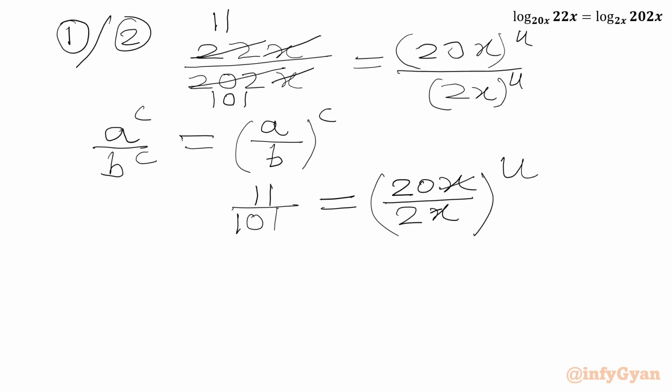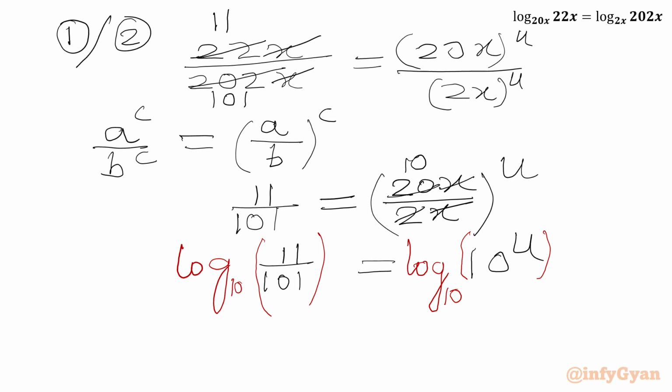Now x and x will cancel. 20 over 2 is 10. So I can write 11 over 101 equal to 10 power u.